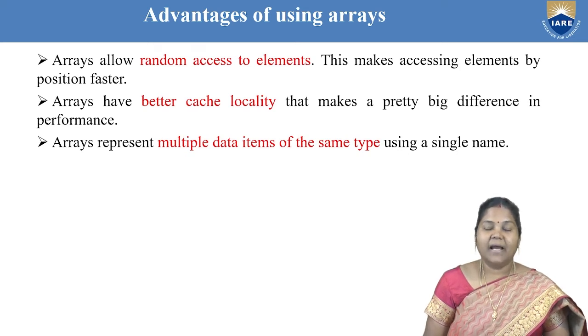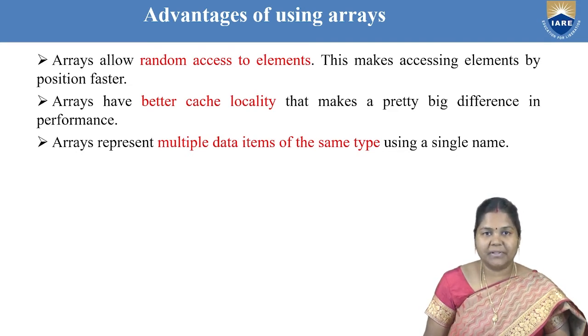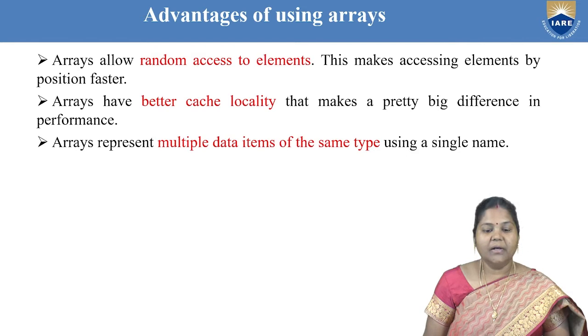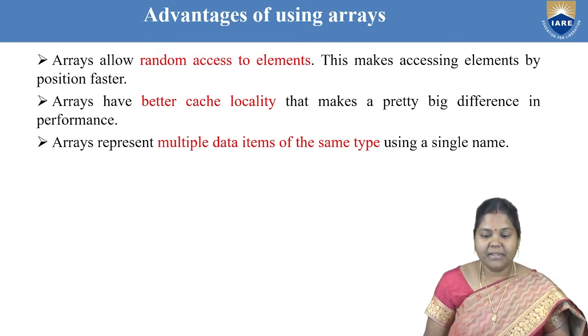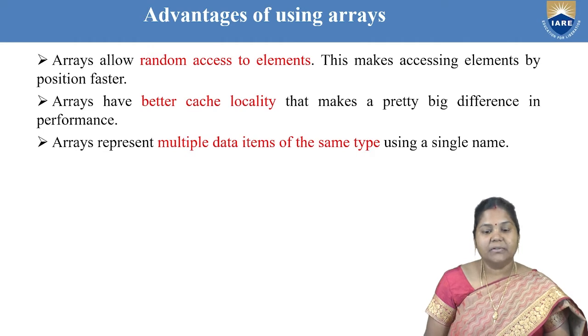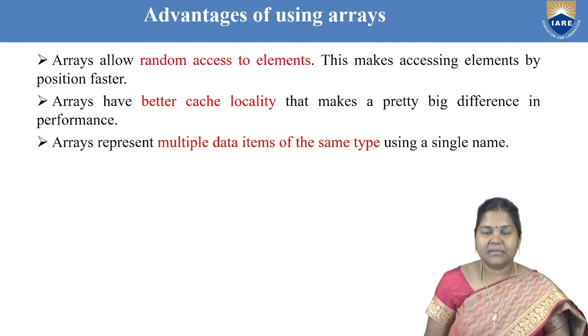Second, arrays have better cache locality, which makes a big difference in the performance of arrays. Also, an array represents multiple data items of the same type using a single name. So, these are the advantages of an array.